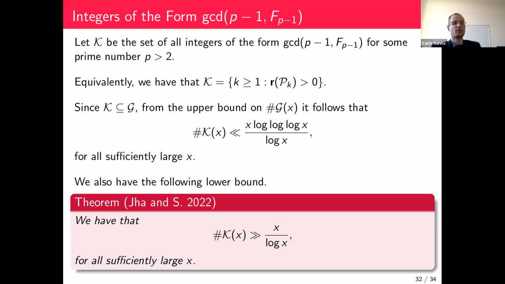So big K is a subset of big G. Therefore, from the upper bound of the counting function of G, we get immediately an upper bound for the counting function of K. What about a lower bound? Jia and I show this lower bound. The counting function of big K is at least of the order of x over log x.